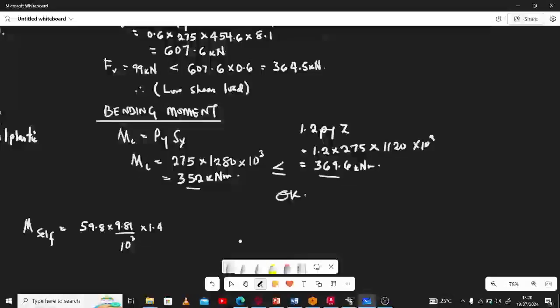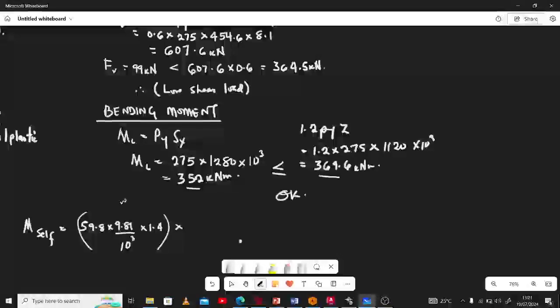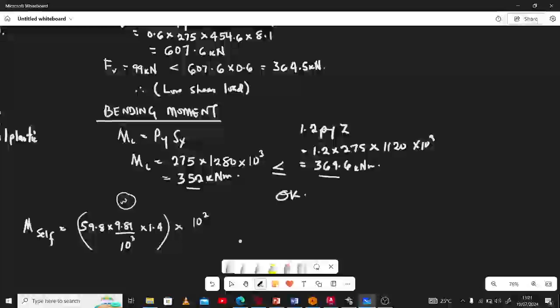Okay, and because we are looking for the moment, this is w now. L squared, the length of the beam, this is wL squared over 8. So we are still using the usual wL squared over 8.